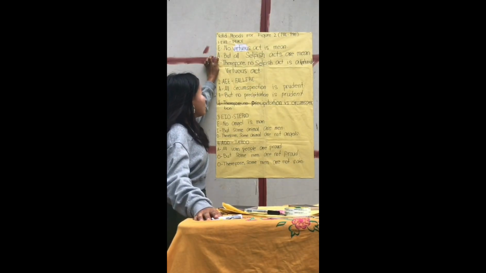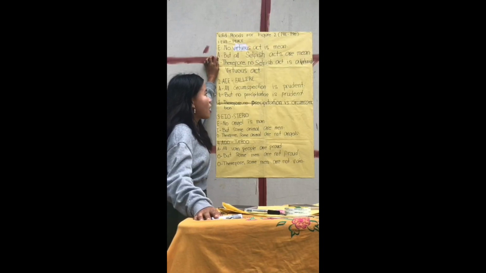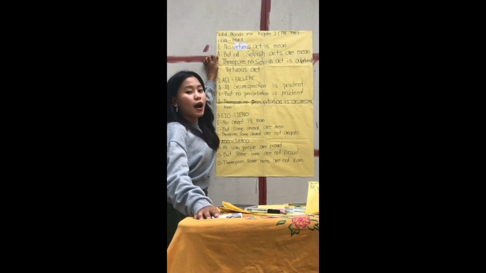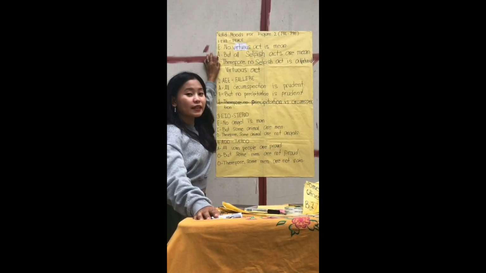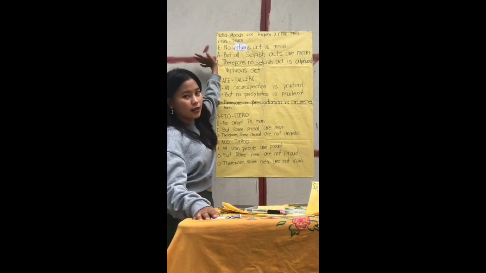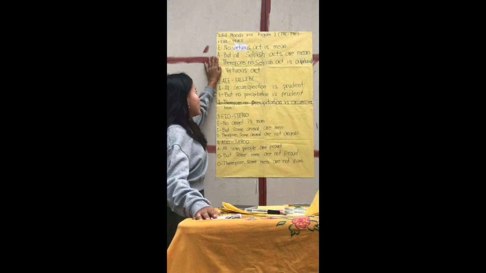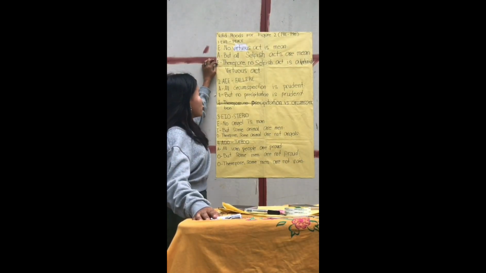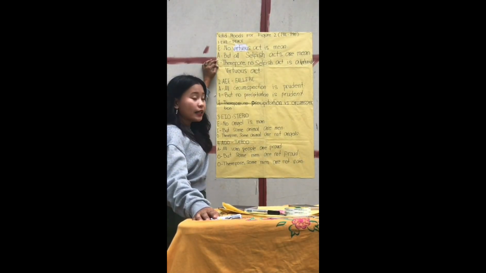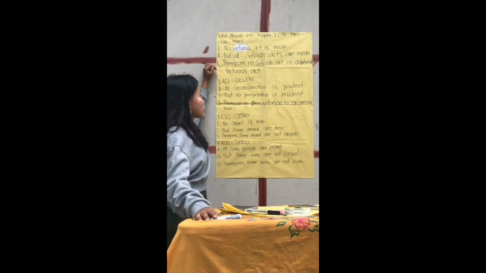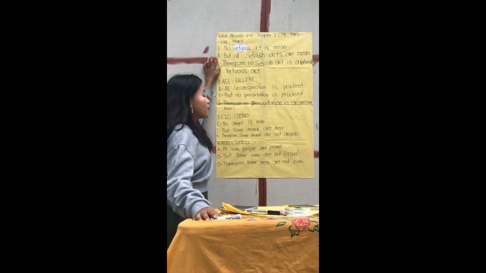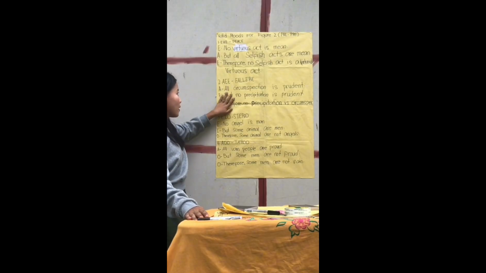But all selfish act are men. Sa minor premises natin is universal kasi nilalahat niya. Lahat daw ng selfish act is men. So, ang conclusion natin is E. Therefore, no selfish act is virtuous act. So, wala daw selfish act na virtuous act.